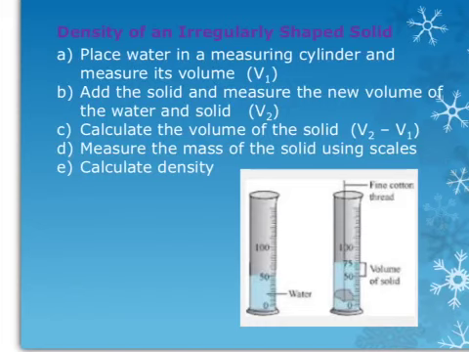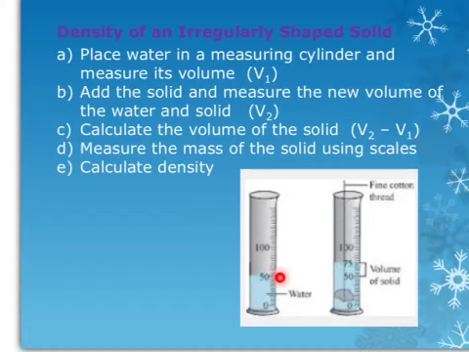Now let's look at how we can find the density of an irregularly shaped solid. Could be a little piece of stone like this. The first thing you do is place a suitable amount of water in a measuring cylinder and take the reading, the volume V1. In this case, the water is exactly 50 cubic centimeters, or 50 cc, or 50 mils.